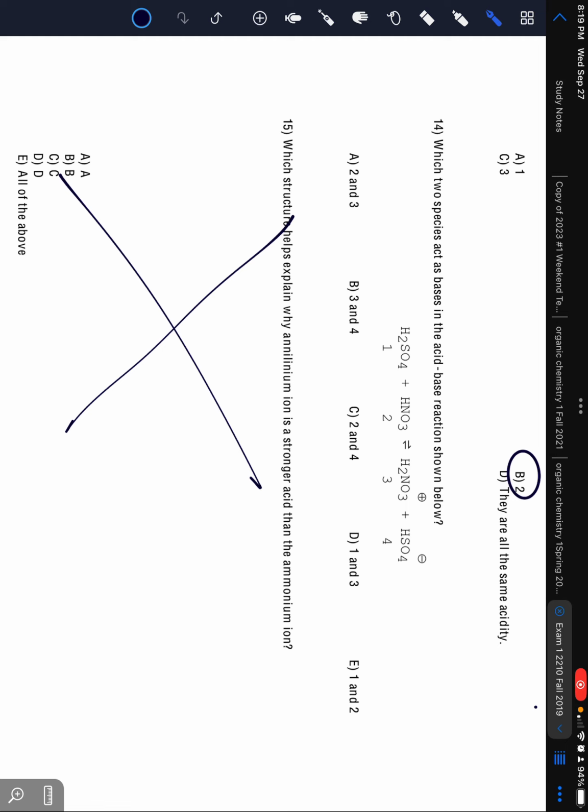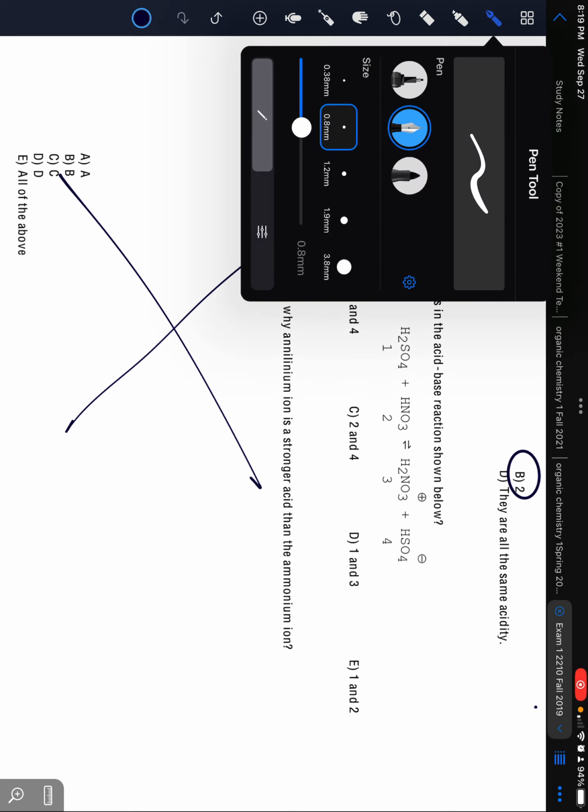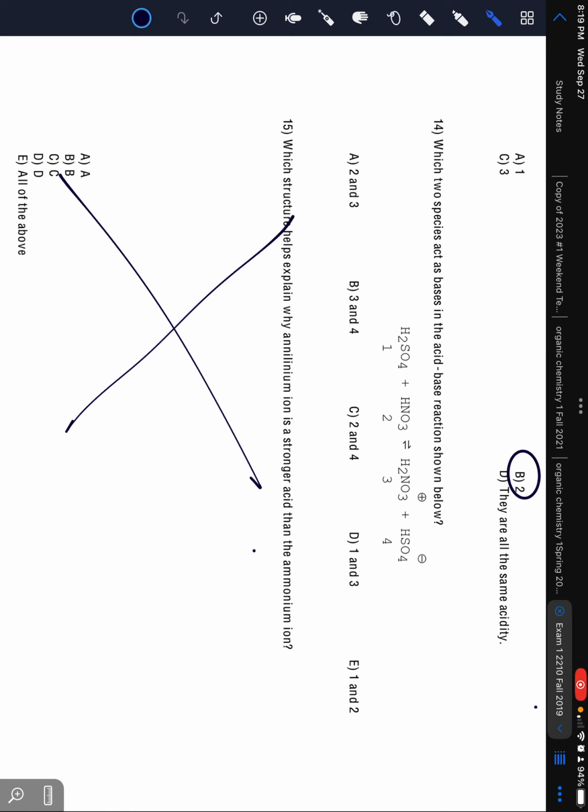Which 2 species act as bases in the acid-base reaction shown below? So we're looking for the bases. As we're looking, I'm going to make this a little bit cleaner. Clearly, the H2SO4 acted as the acid, and HNO3 gained a proton.